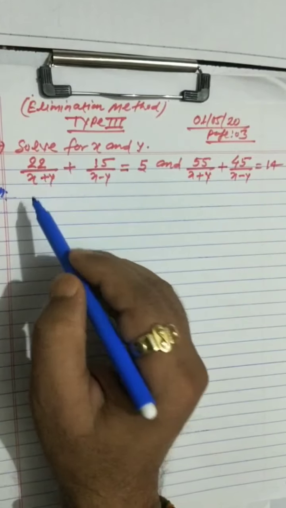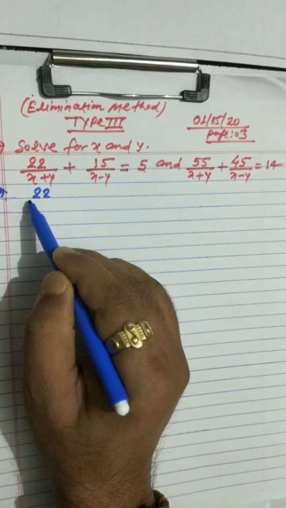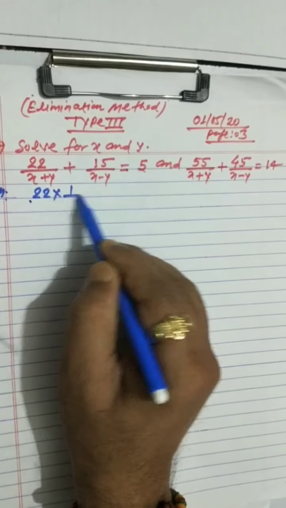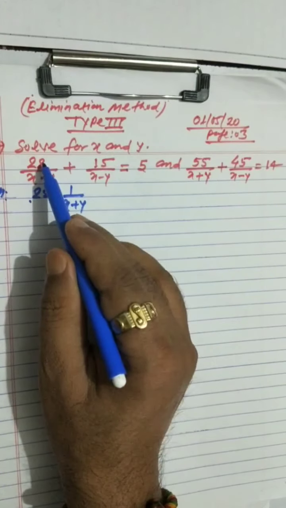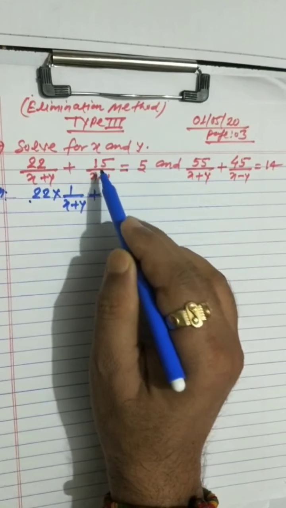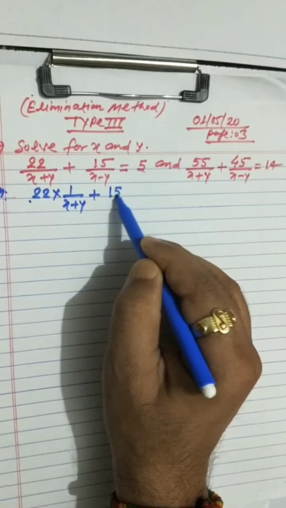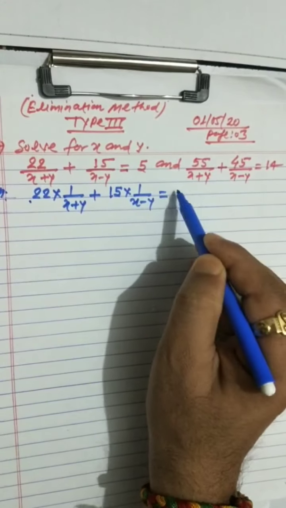So this equation 22 by x plus y can be written as 22 multiplied by 1 by x plus y, and this can be written as 15 into 1 upon x minus y is equal to 5.